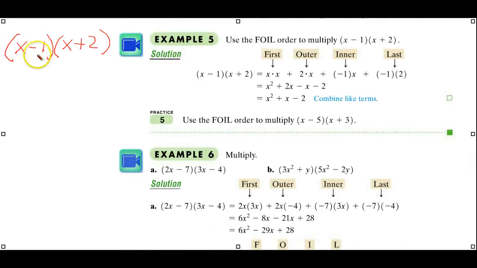So in example 5, we're going to FOIL. X times x, and some students, I know I did this when I first did it, and I still do sometimes. X times x is x squared. The outers now, x times 2 is plus 2x.